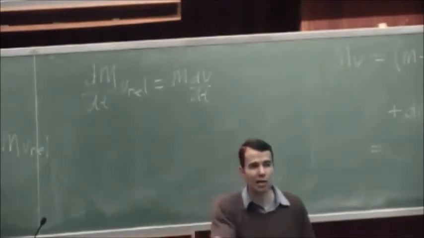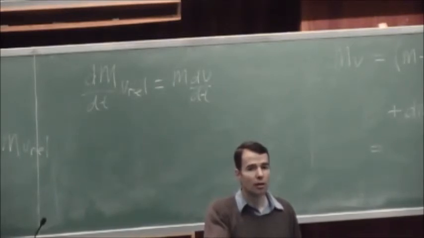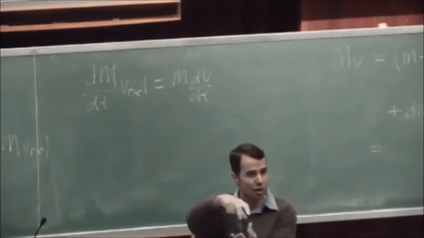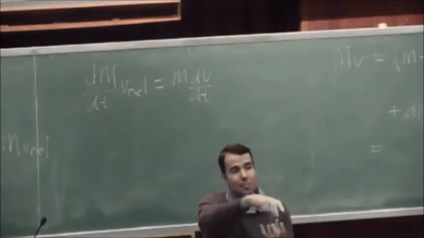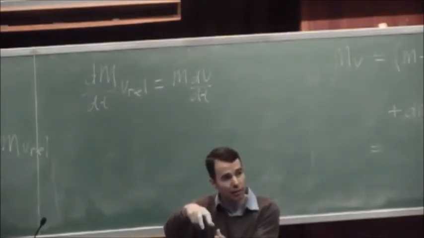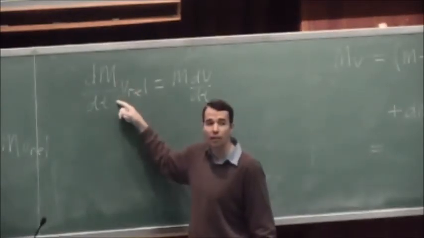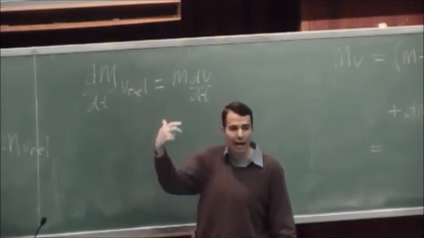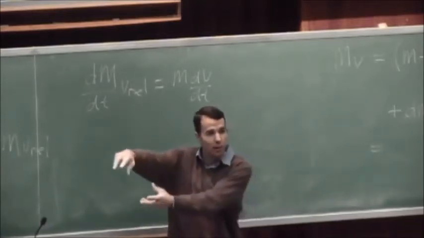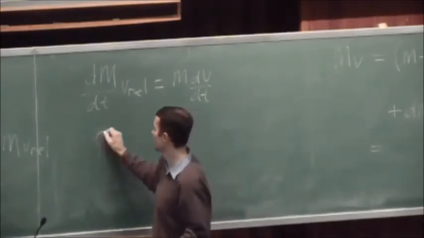Think about dm. What is dm? dm was the amount of mass discharged out of the back, right? It is the change in the mass of the rocket. What is dm dt? Right, it's the rate at which the rocket expels propellant out the back. Right, this is just a rate.